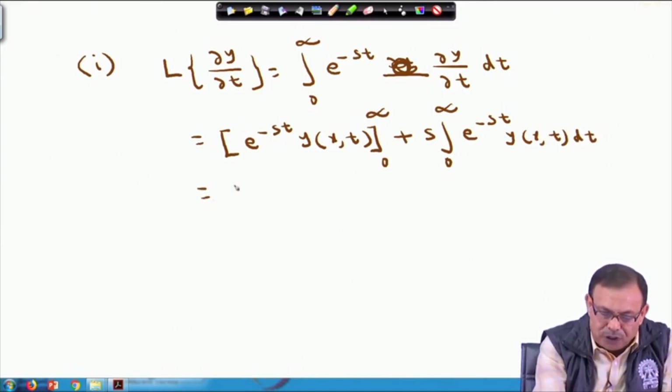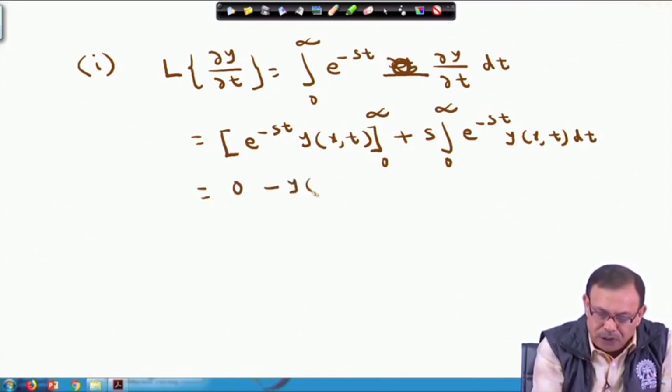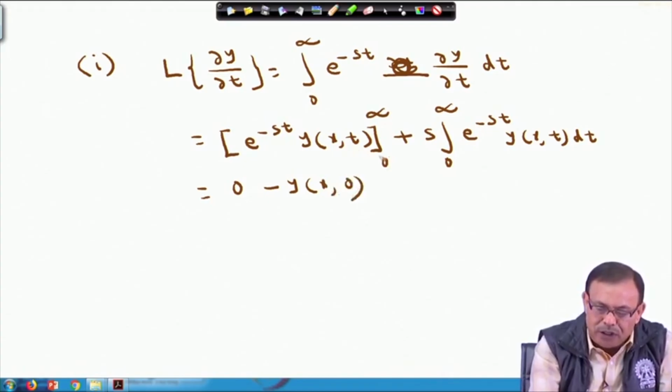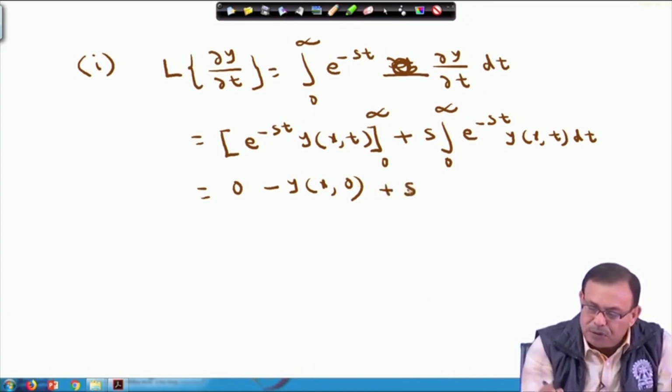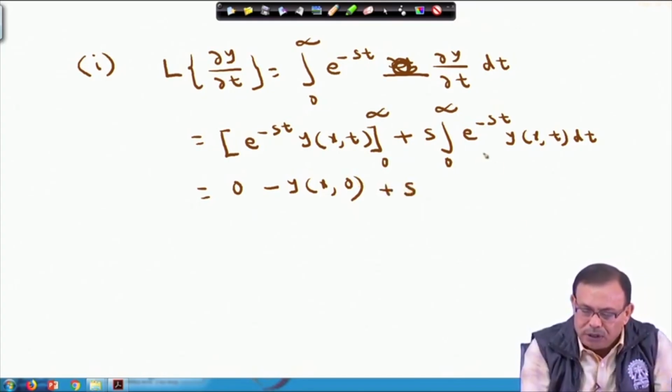The first part will be 0, the second part will be minus y(x, 0), whenever you put the lower limit t equals 0, plus s into, what is this?